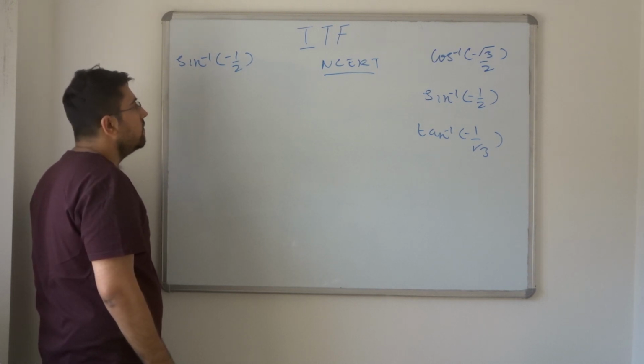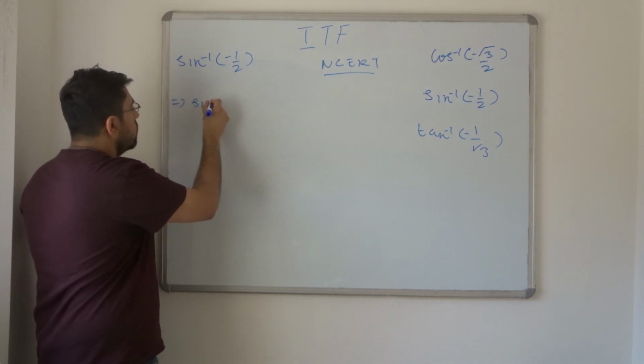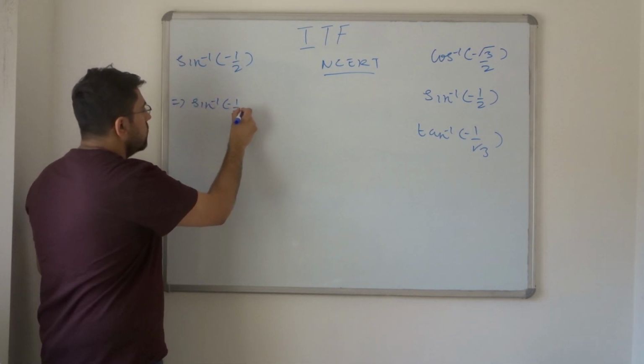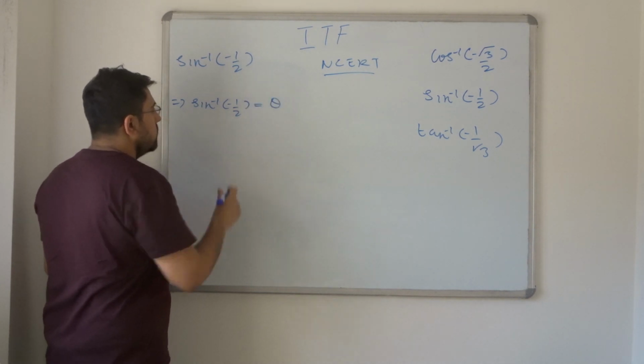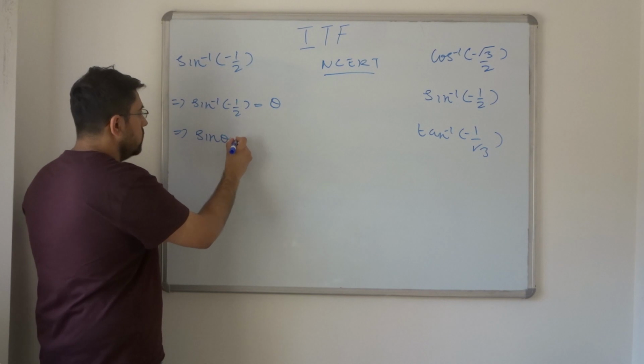So guys, sine inverse of negative half is very easy. Sine inverse of negative half is equal to theta. Okay. So then you have sine theta equals negative half.